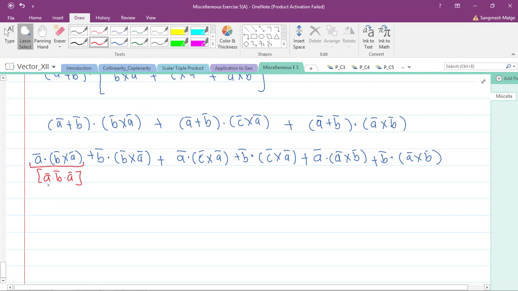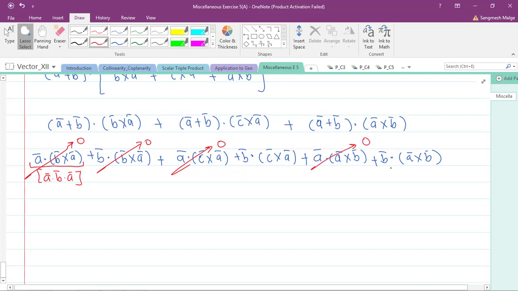And fortunately two rows are the same, that is a bar and a bar, which means you can easily equate it to 0. Okay, this is again a box product of b, b, a, so it is again equal to 0 because of these two same b's. Here we have something different, so let's keep it as it is.